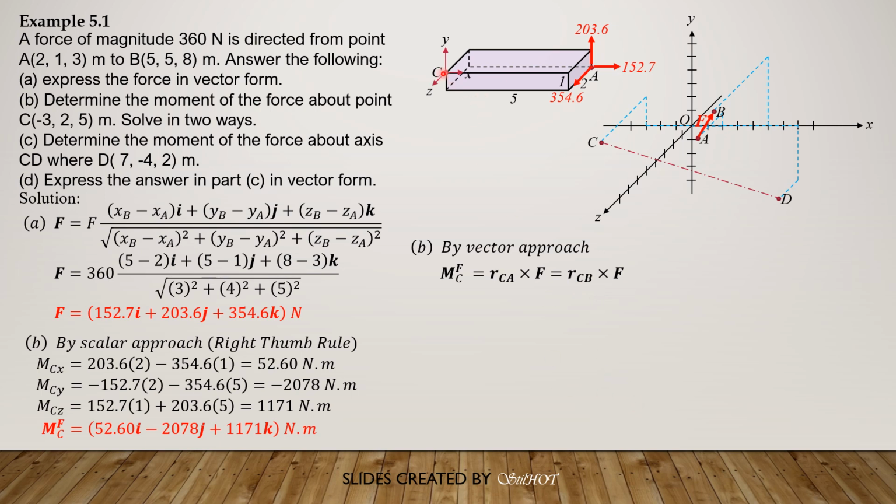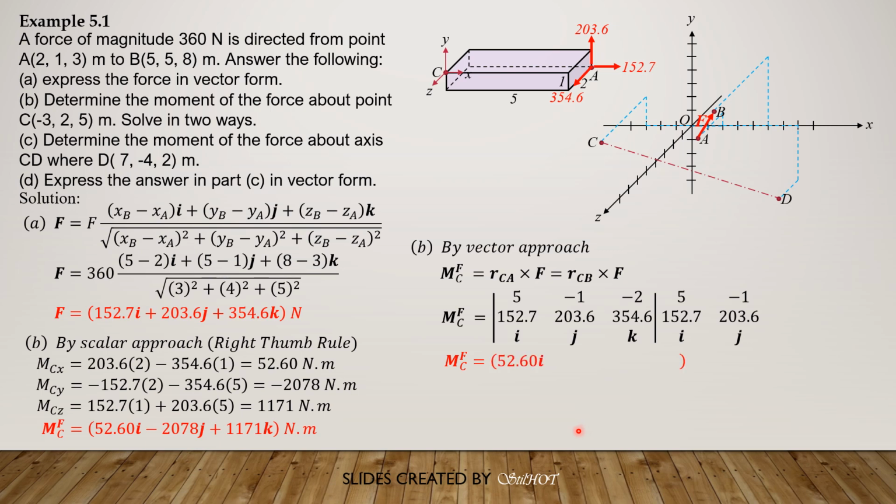Where RCA, so C to A, you have to move to the right. So positive 5i, go down, negative 1j, then move backward, negative 2k. So RCA is 5, negative 1, negative 2. Then the components of the force here, then unit vector components. Then by Cramer's rule or basket method, we copy the first two column elements. Then for i, it's negative 1 times 354.6 minus 203.6 times negative 2.